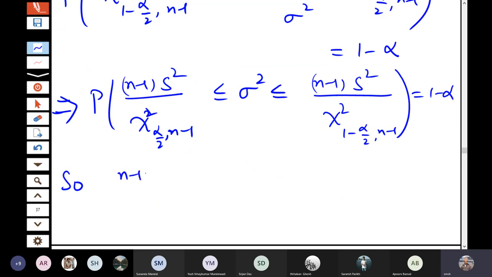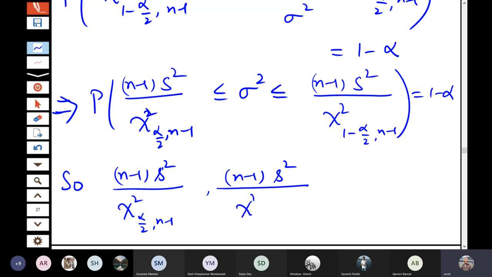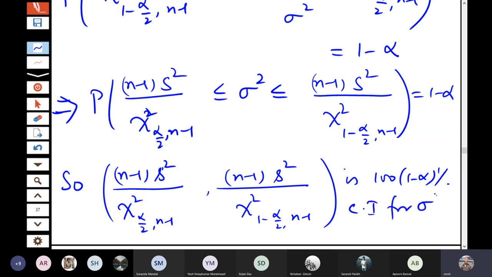So (n minus 1) s square divided by chi square alpha by 2, n minus 1 to (n minus 1) s square divided by chi square 1 minus alpha by 2, n minus 1 is a 100(1 minus alpha)% confidence interval for sigma square when mu is unknown. Is that clear? Yes, sir.